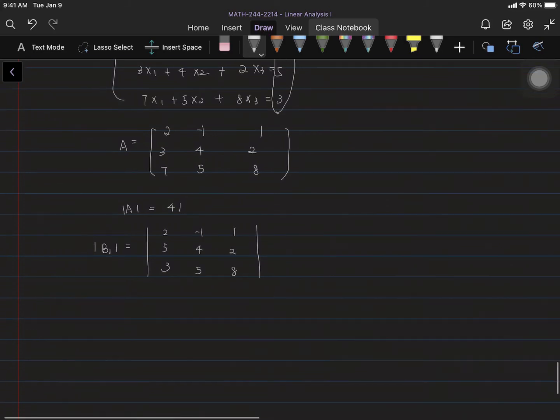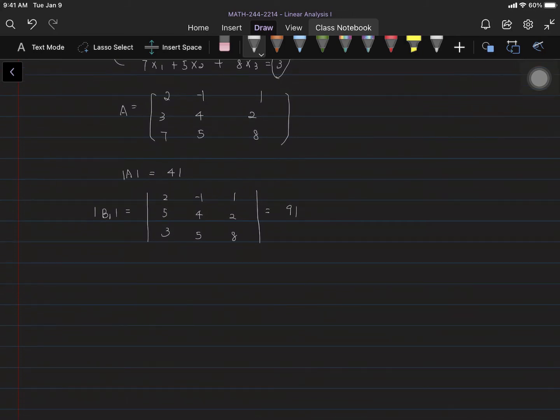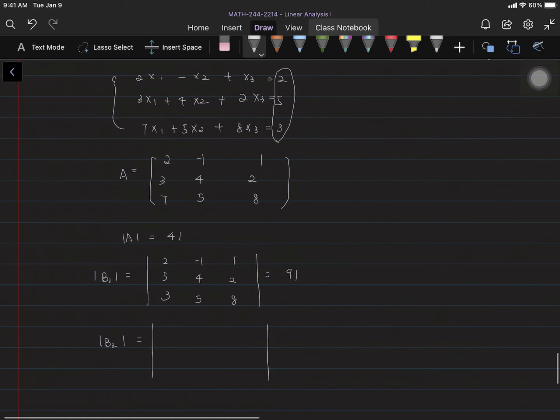We just copy and calculate this determinant. This is 91. We skip the determinant calculation. We can use a calculator here. Same thing for the homework, you can use a calculator, and in the exam, I will just give you some easy ones, okay?